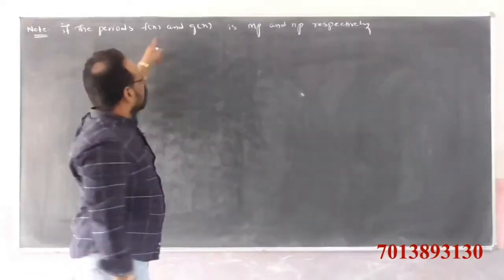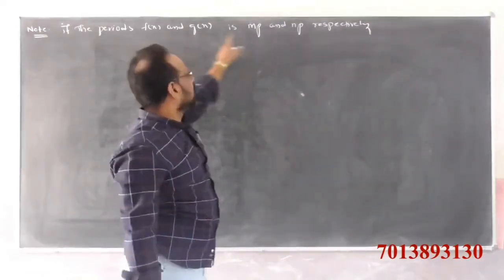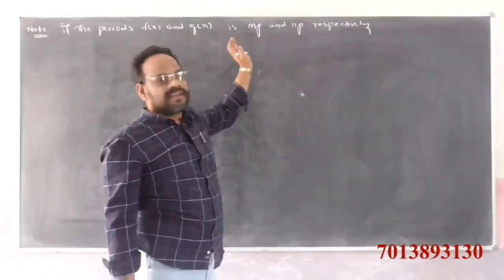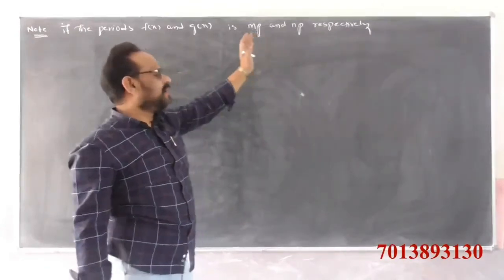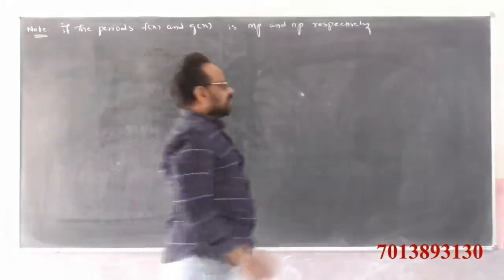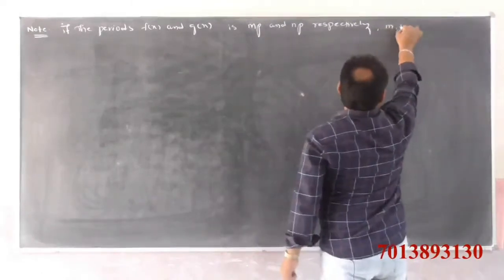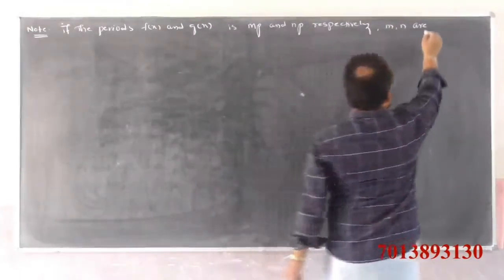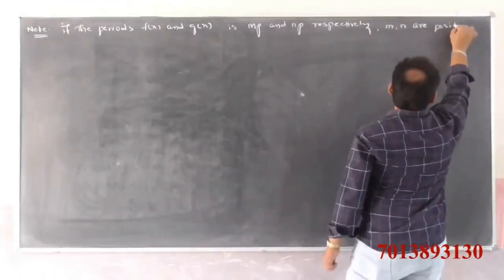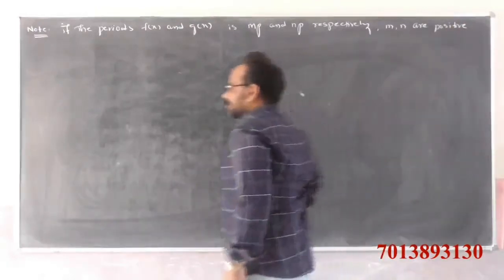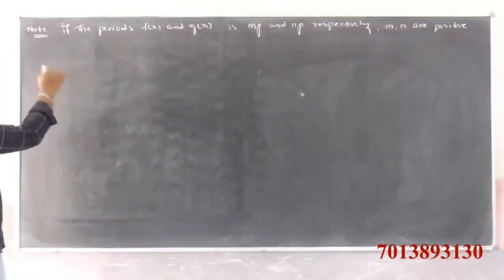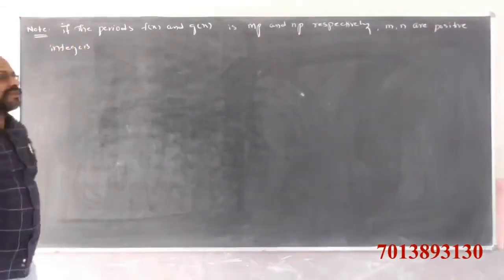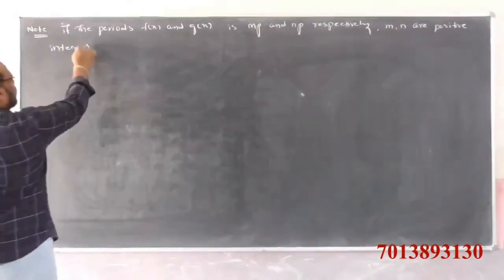Observe here, the period of f of x is clearly mp and the period of g of x is clearly np. So, if the periods of f of x and g of x are mp and np respectively, here m and n are positive integers.